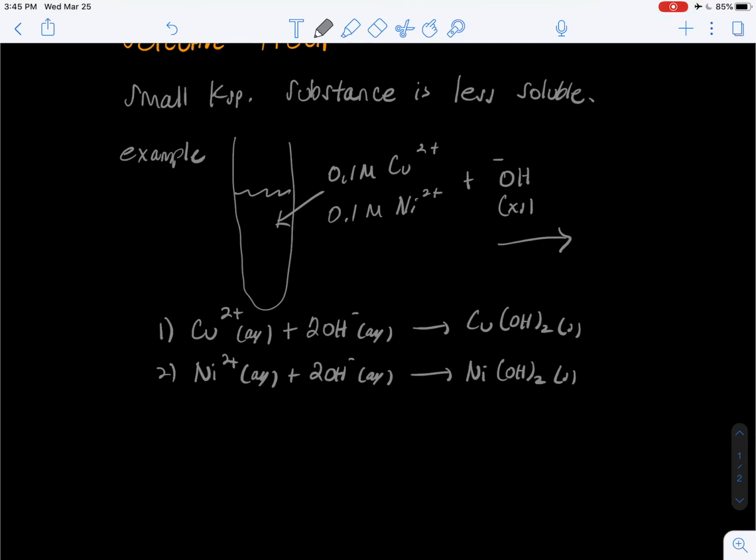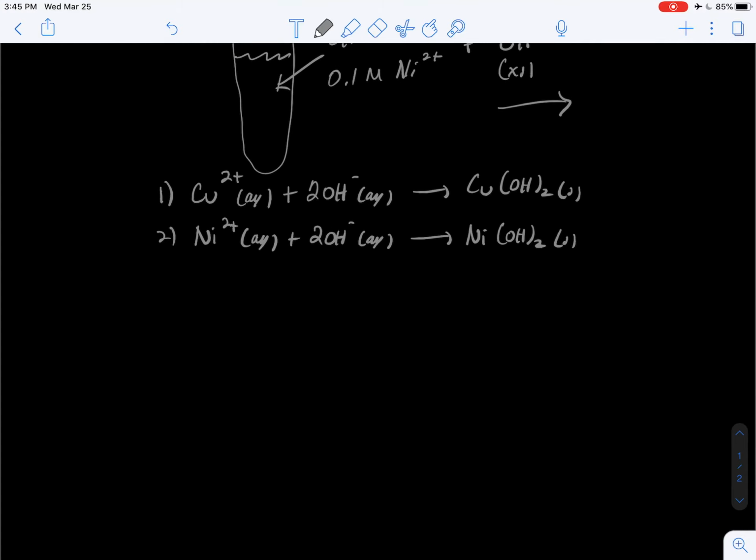Okay? So copper hydroxide, let's say, has a value of 2 times 10 to the minus 16, and the Ksp for nickel hydroxide, let's pretend, has a value of 2 times 10 to the minus 31.